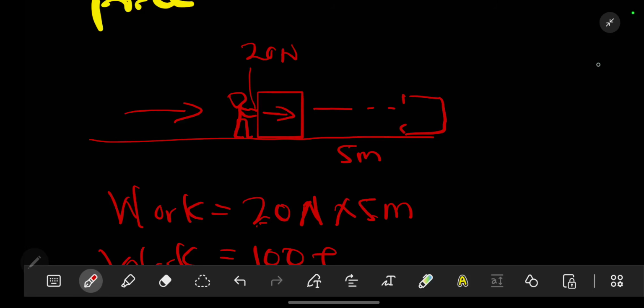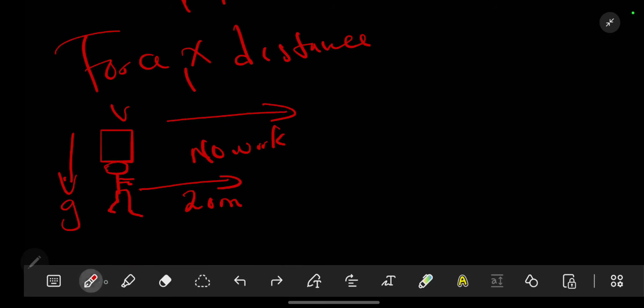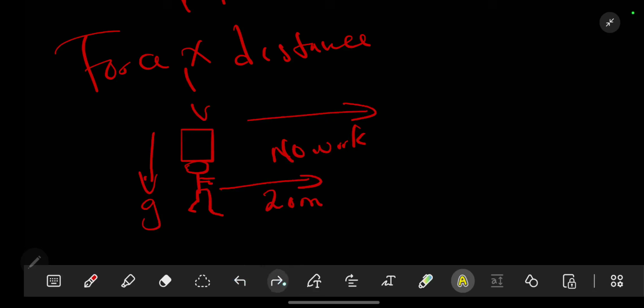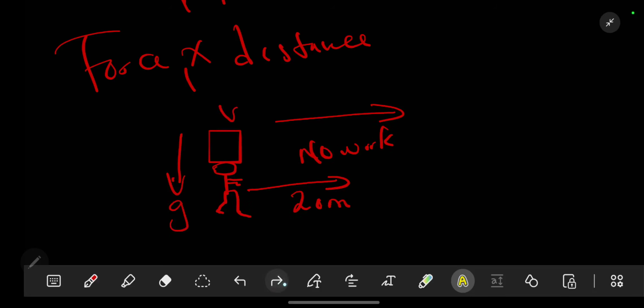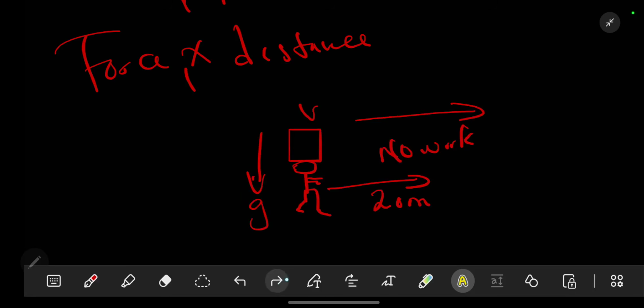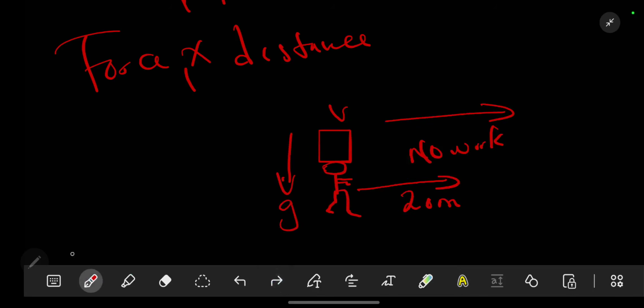Now let's review this. If we have this person, we are trying to see whether or not what the person is carrying will produce any work, provided that the person is moving in this direction. There will be no work, because they are carrying something which is exerting a force downwards, but they are going in the other direction.